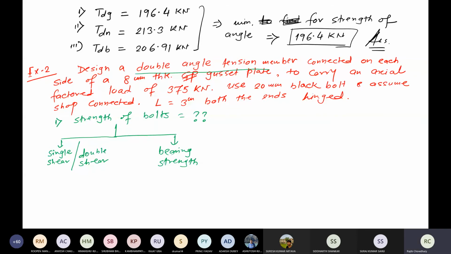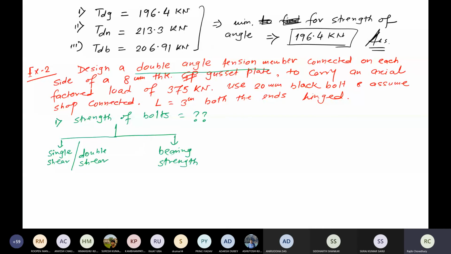Now once the strength has been evaluated, in this particular problem, would it be single shear or double shear? It would be double shear, right? Because it is already specified over here: both the angles are connected on each side of an 8 mm thick gusset plate. So double shear. Okay, fantastic.